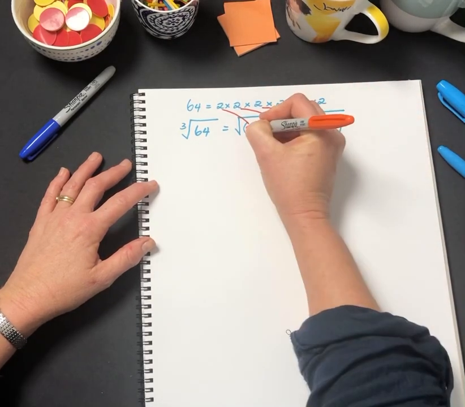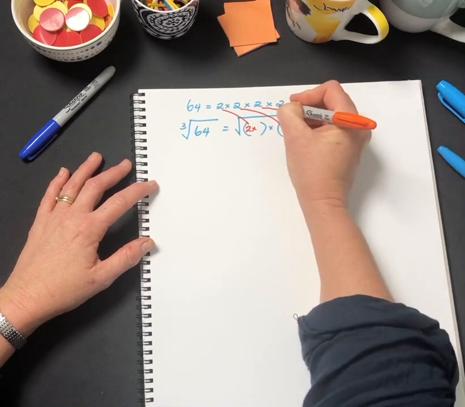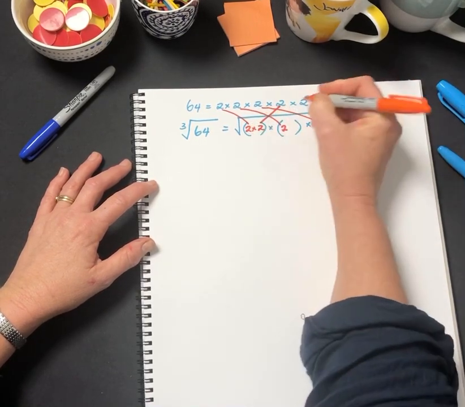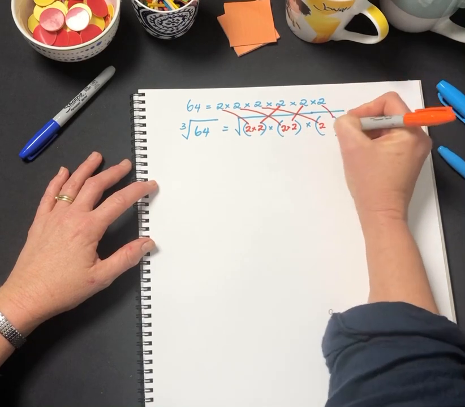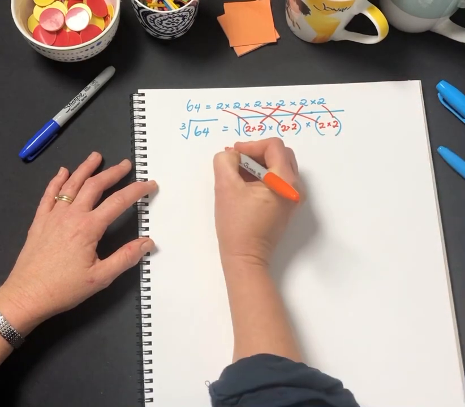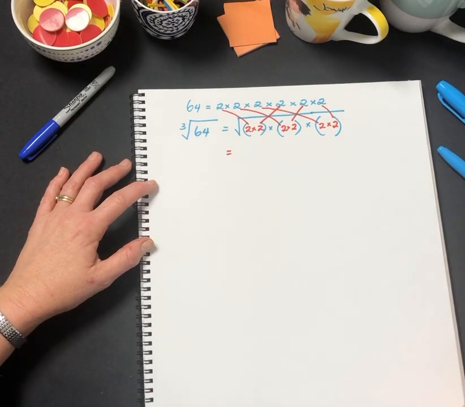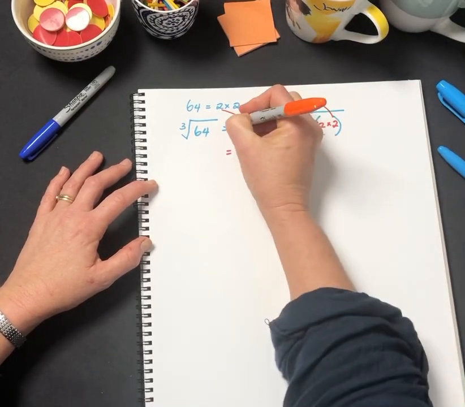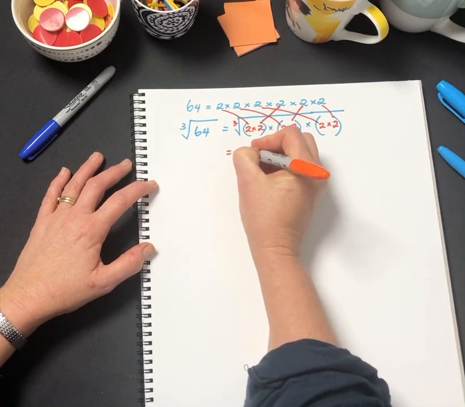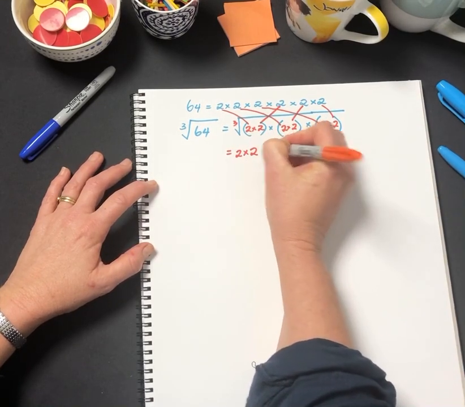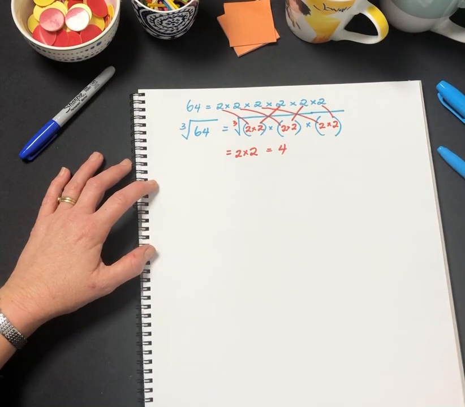And if we can get those 3 equal groups, then we know we can find the cubed root of the number. So we've managed to do it. The cubed root is going to be 2 times 2, which is 4.